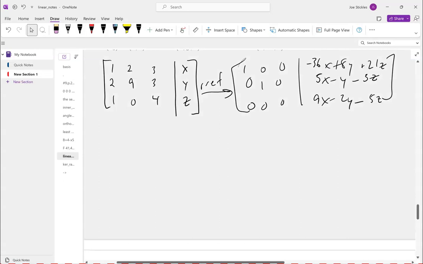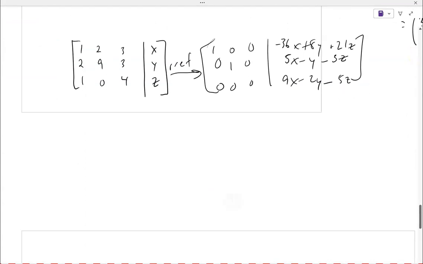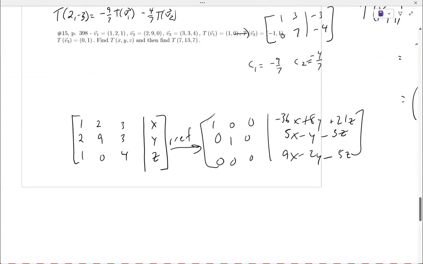So again, it just shifted everything. It's fine. So again, if I want the transformation of x, y, z, I would use the first constant times the output for the 1, 2, 1.